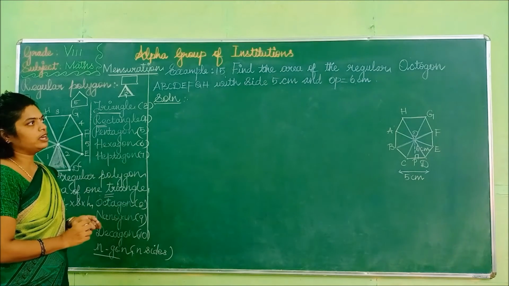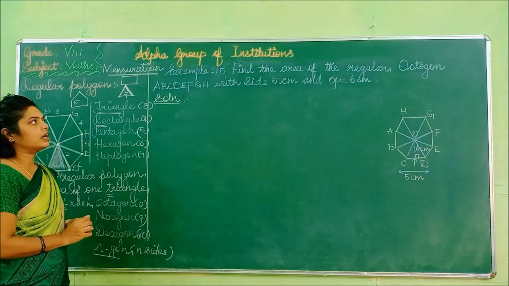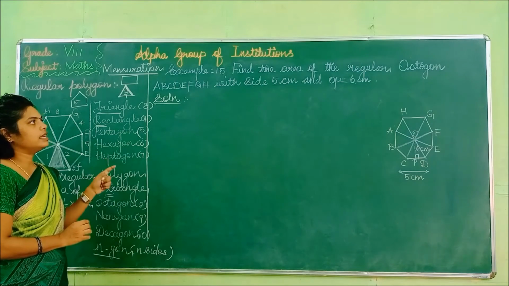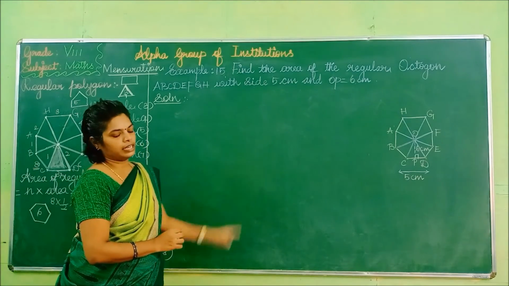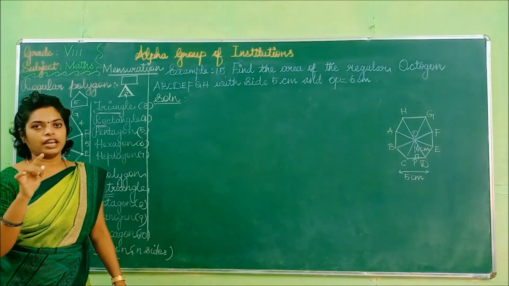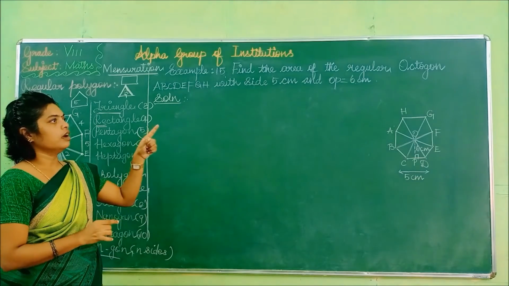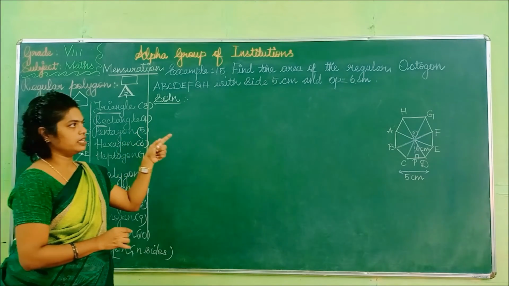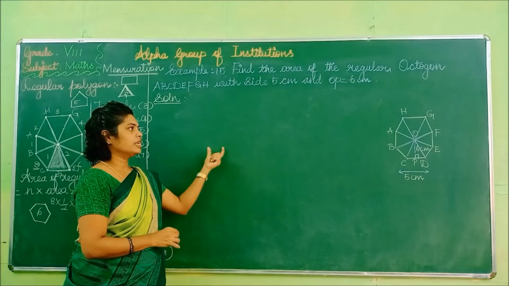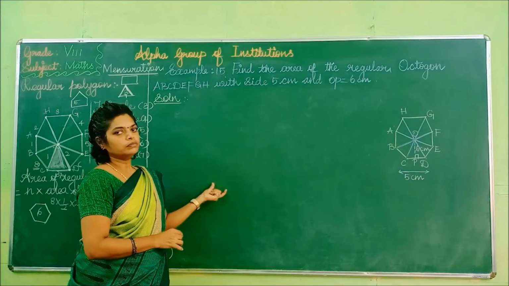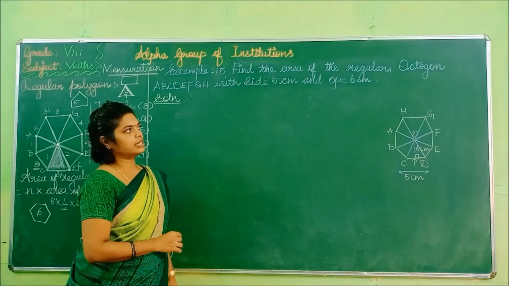Example number 15. Find the area of a regular octagon A, B, C, D, E, F, G, H with side 5 cm. So each and every side of that regular polygon, that is the octagon, will be 5 cm. And one more measure is given: OP, from the center to the side, that is 6 cm.